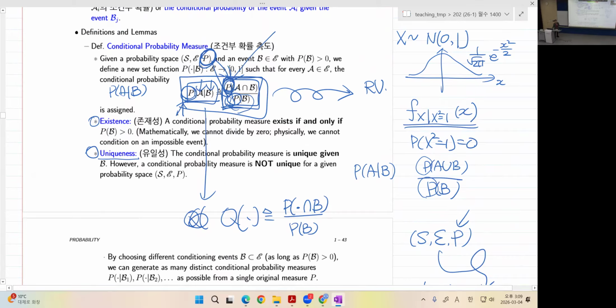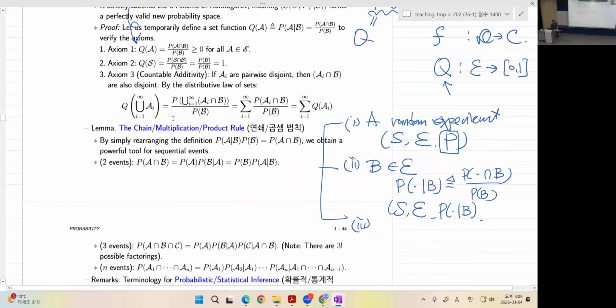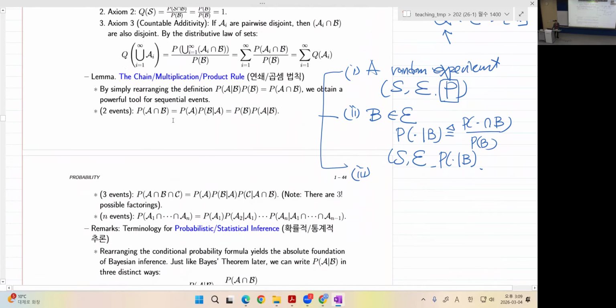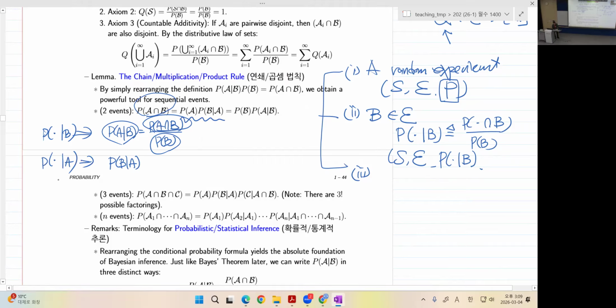By the way, whenever we have something defined as a ratio, it is very pedagogical when you just multiply both sides with the same non-negative number. And here goes the idea. Recall this one. So you leave the numerator here and multiply these two. And now let me ask you, so this is all about the probability measure P dot bar B, and this one is about another probability measure.